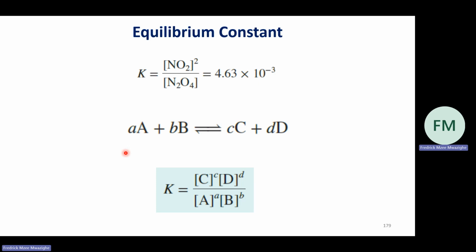So if you consider a general expression like this, where you have A plus B reacting to give us C plus D, and then there's an equilibrium existing, when you consider the coefficients as well, K would be given by the concentration of C to the power c, that is the coefficient, times the concentration of D to the power d, divided by the concentration of A to the power a, times the concentration of B to the power b, which is the coefficient.